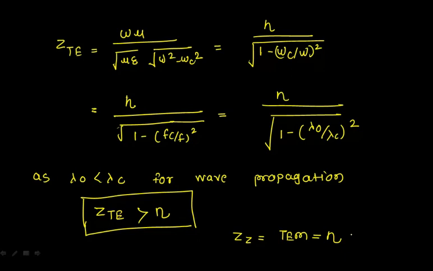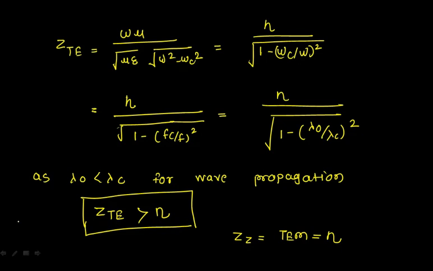So if you talk about parallel wire, a coaxial cable or parallel planes, the TEM mode does exist. But whenever you talk about waveguides, you have a single enclosed conductor, so in that case you will not have a TEM wave or TEM mode. You will have only TE mode or TM mode. So this is all about the impedances associated with this.